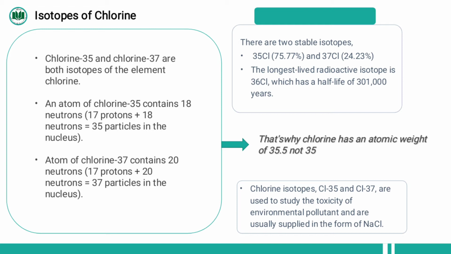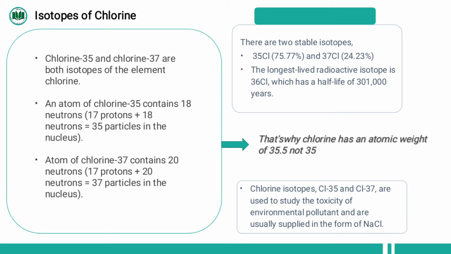Similarly, in Cl-37, the atomic number is 17, but if we look at the mass number, the number of protons is 17 and the number of neutrons is 20. So the mass numbers of both these isotopes are different from each other.